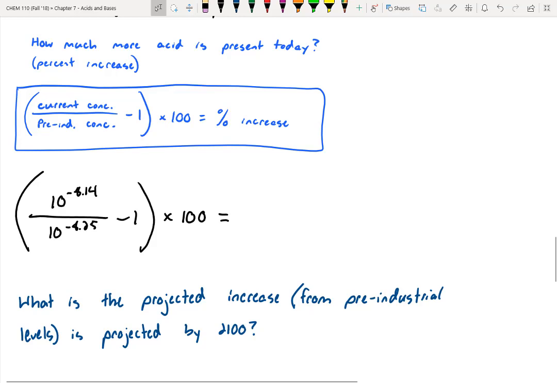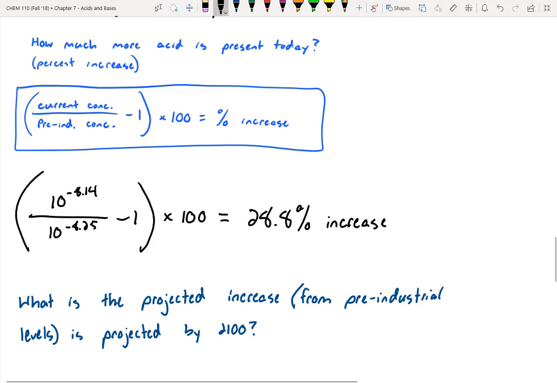Find an answer. Does anybody want to share their answer? 28.8. All right, so compared to pre-industrial levels, our ocean water today has 28.8% more acid in it.